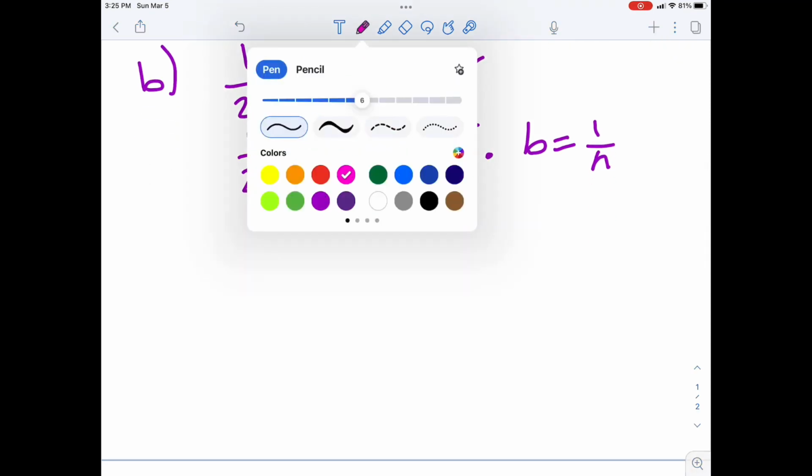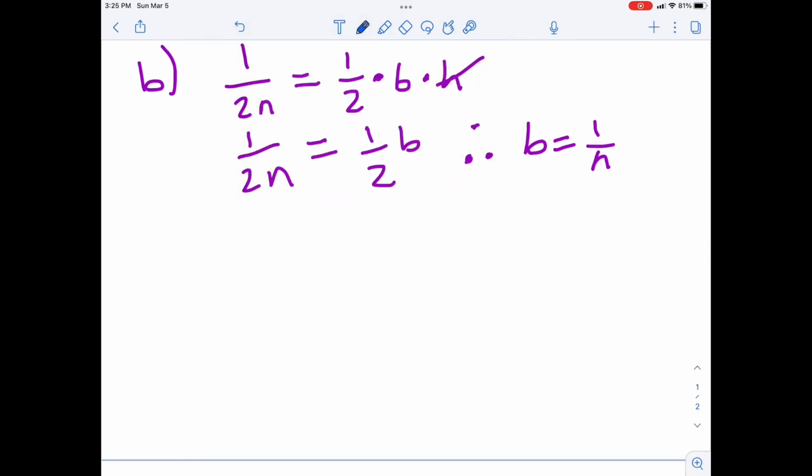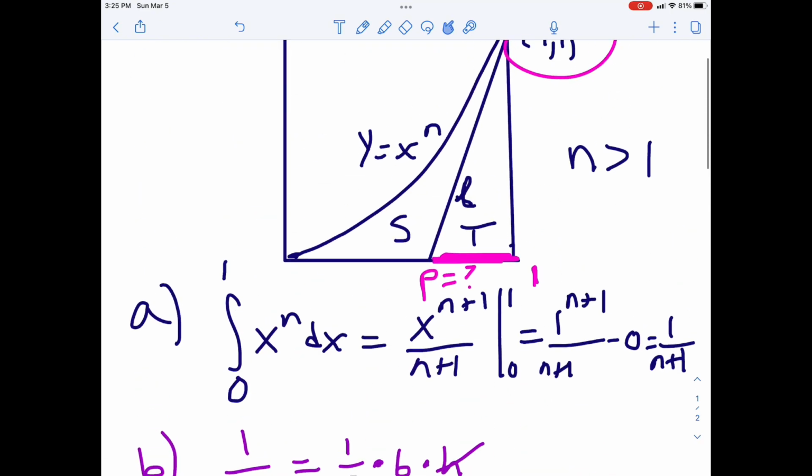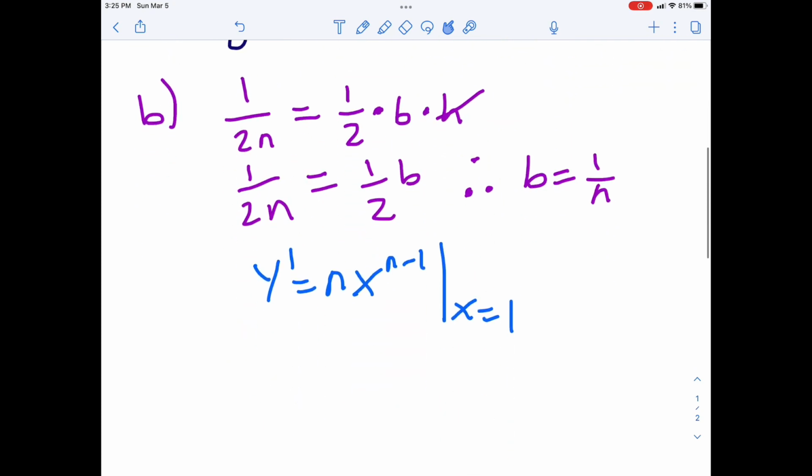So I'm going to say that y prime equals, well, it would be n times x to the n minus 1. And we want this when x equals 1 because that is the point at which L is tangent to this graph. So I'm just left with the derivative being n. And so, therefore, the slope of L equals n.